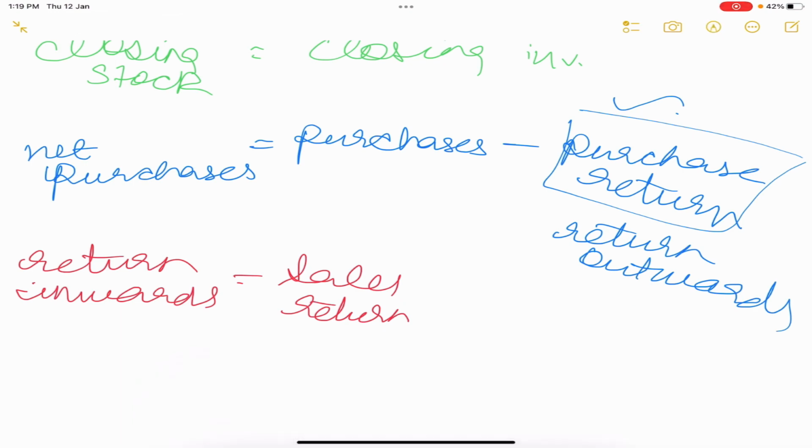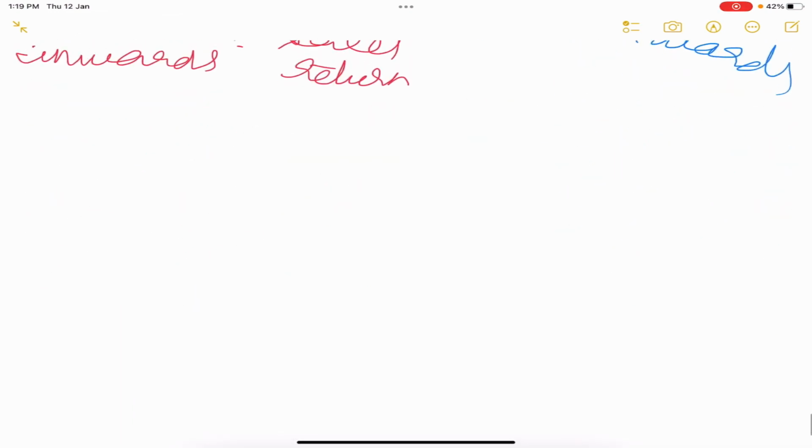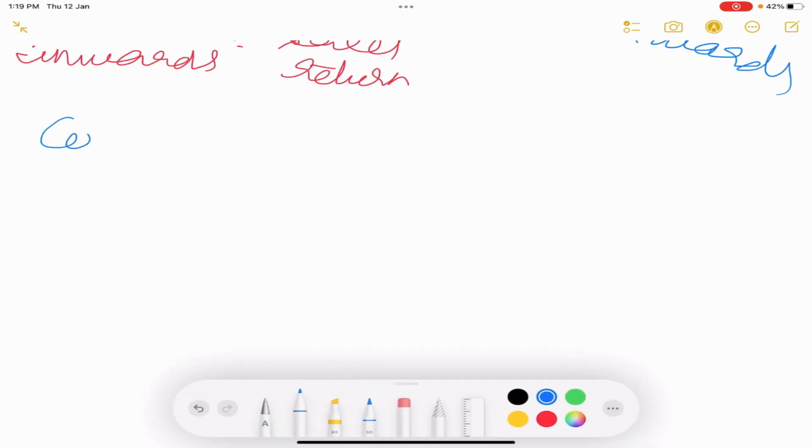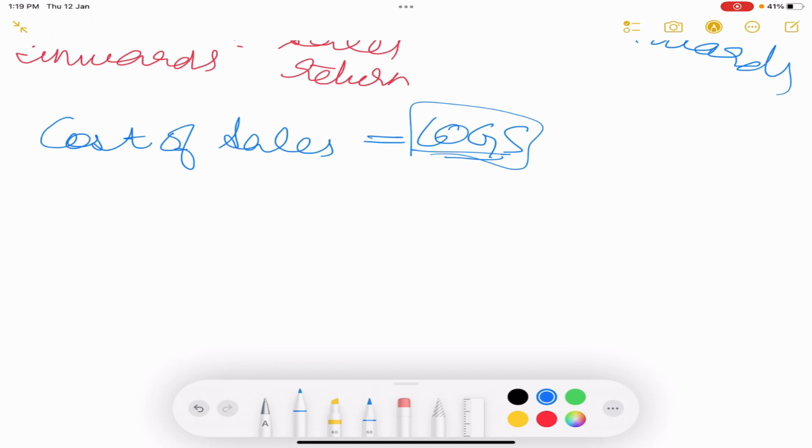Okay, after this we had the formula for cost of sales, right? You remember cost of sales was the same as COGS, which is basically cost of goods sold. Let's not get into that, but that's just another word. So how do you find out cost of sales?